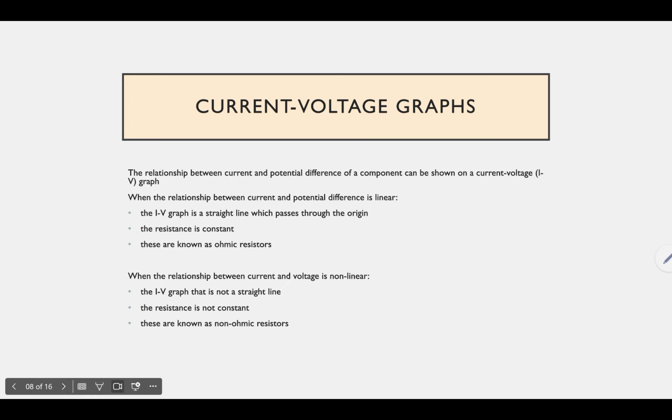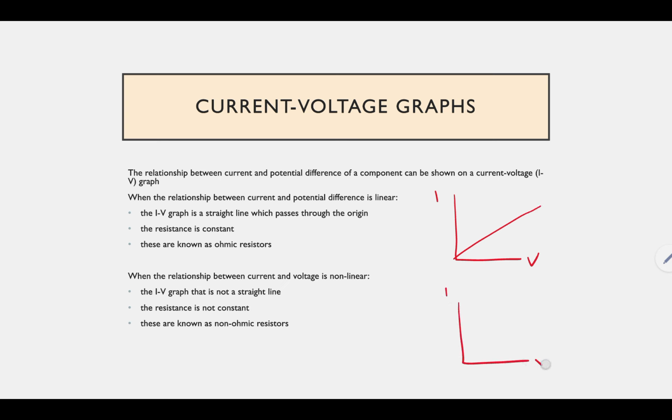When the relationship between current and voltage is nonlinear, that means it's not a straight line, the resistance is not constant, and these are known as non-ohmic resistors.